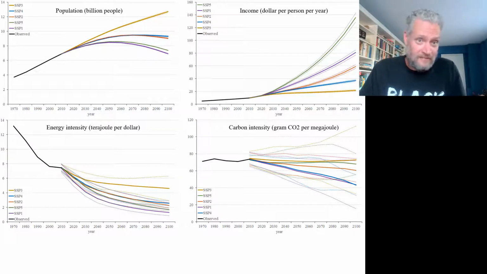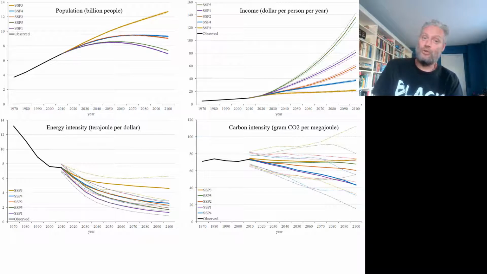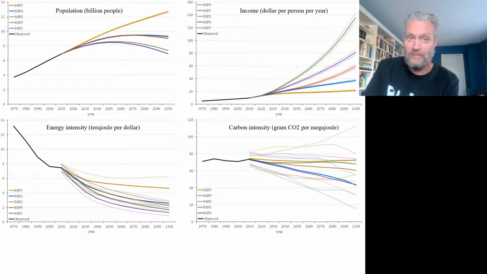But then again, if you put yourself 100 years into the past, we are incredibly wealthy compared to the people in 1920. And the people in 1920 could not imagine what our life would be like given our income. That's simply beyond their comprehension. So maybe $135,000 per person per year sounds like a lot, but maybe that's what's going to happen.